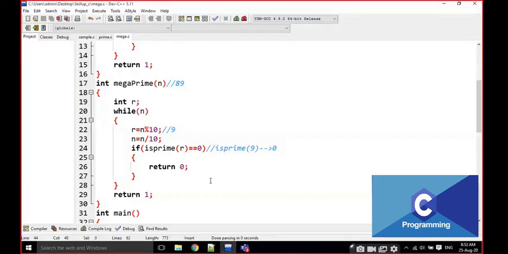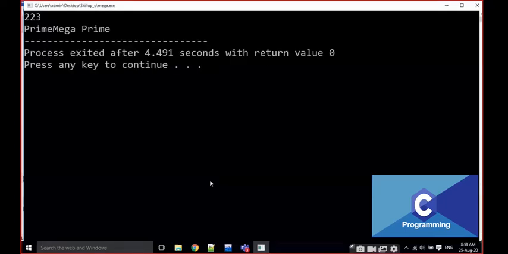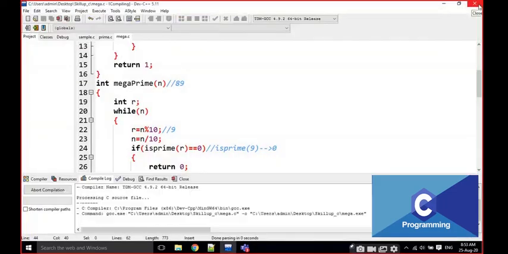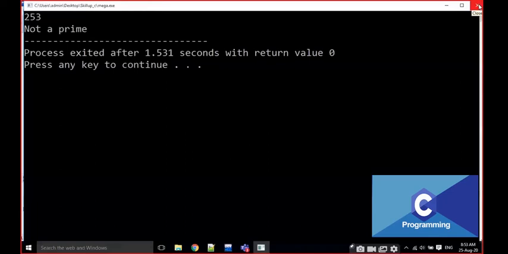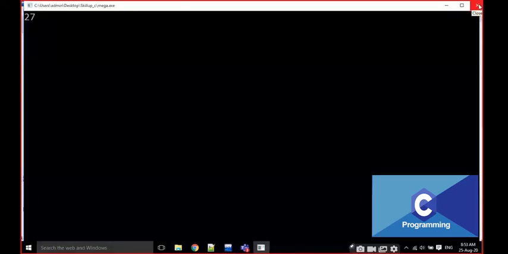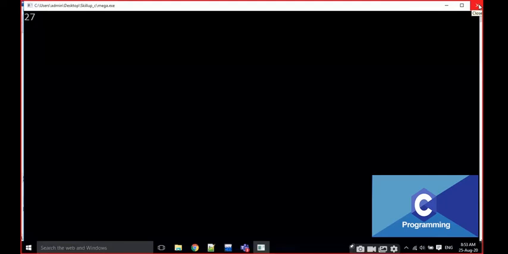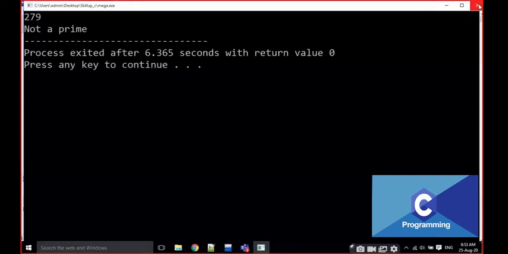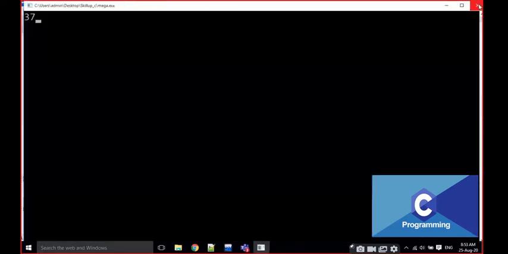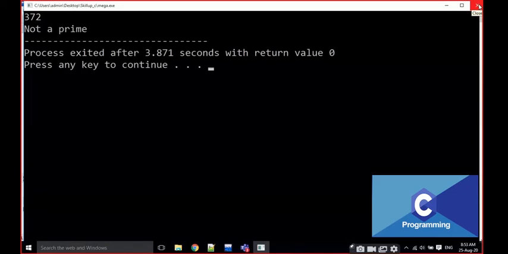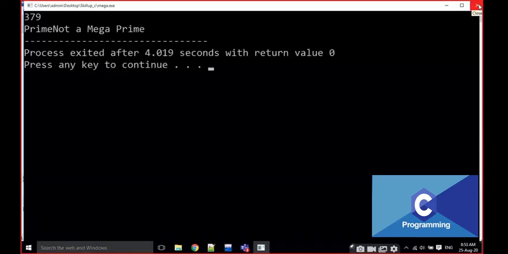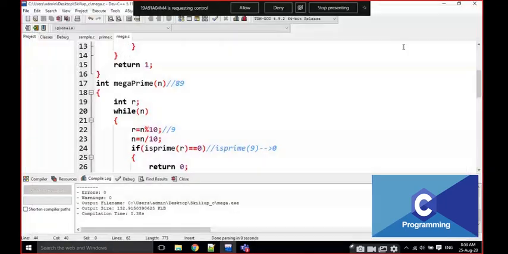For example, I am going to take one more number. For example, 223, 325 is not a prime, 7279, 37. Let's look at 379.